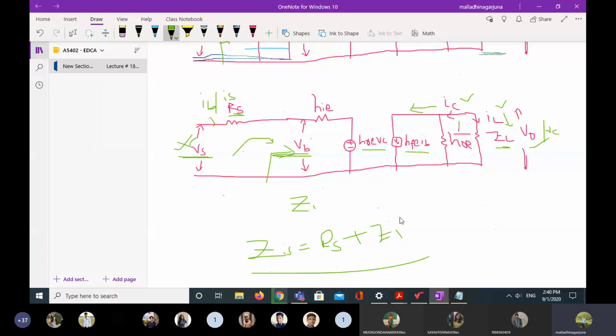Till this Vb point, the input impedance is ZI, which we already calculated. Now what extra component are we adding? We are adding one resistor, the source resistance, in series with that circuit.